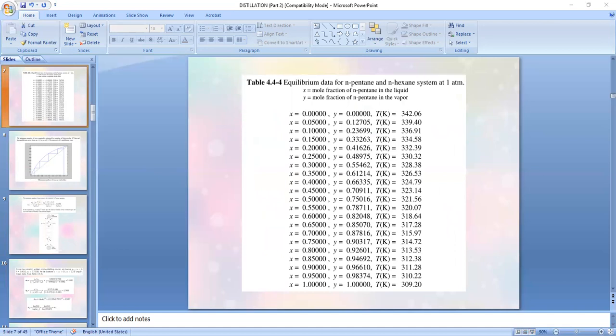Hope you can see. You look for the 0.1 x. This is your 0.1 x. The mole fraction in the vapor equivalent to this mole fraction in the liquid is 0.23699.